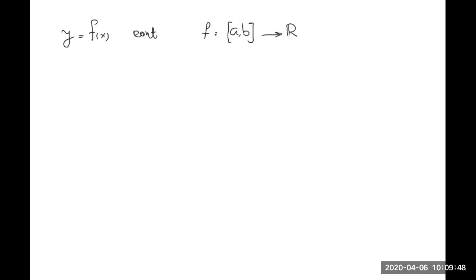So that's the claim. When f is continuous and when the interval is closed and bounded, then f is uniformly continuous. That's the theorem. That's a very important theorem.